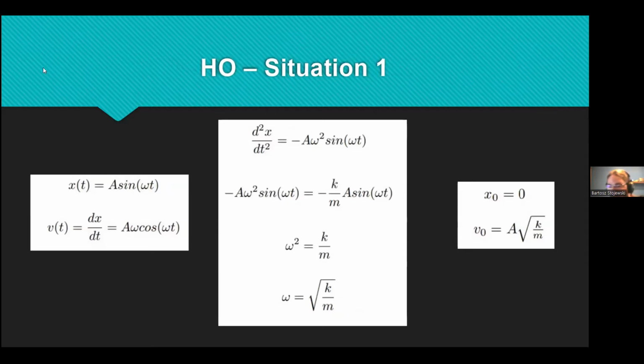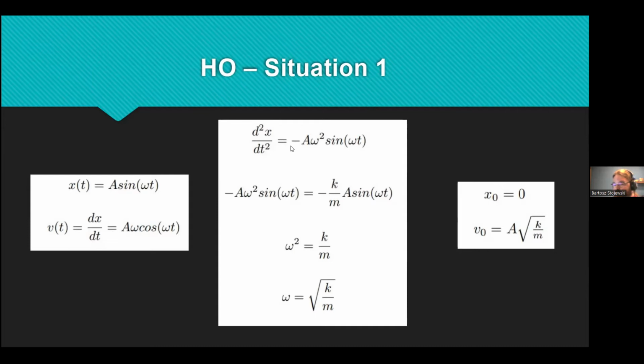On the left, we can see that the position is described as a sinus omega t. And the first derivative is actually our velocity. And the velocity is equal a omega cosinus omega t.